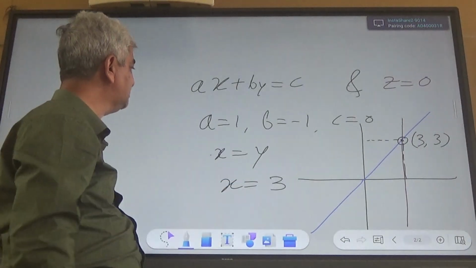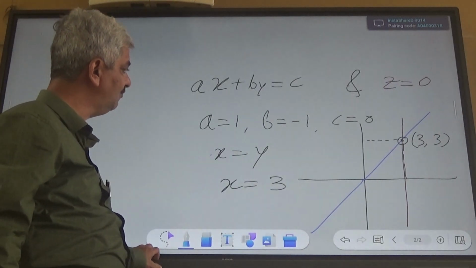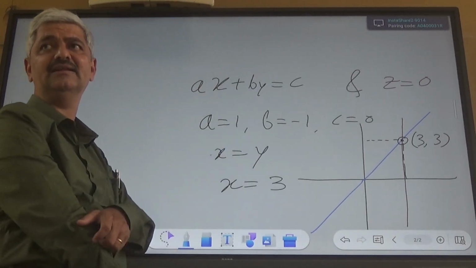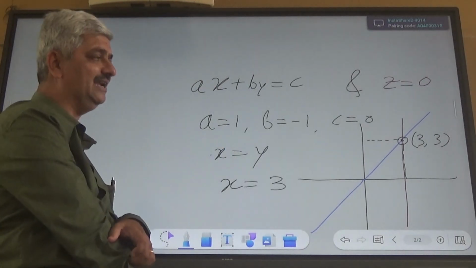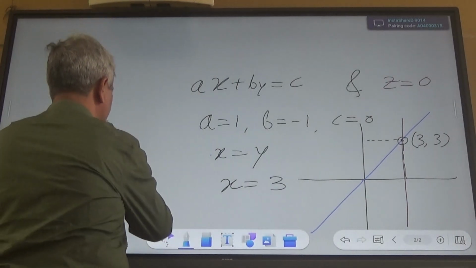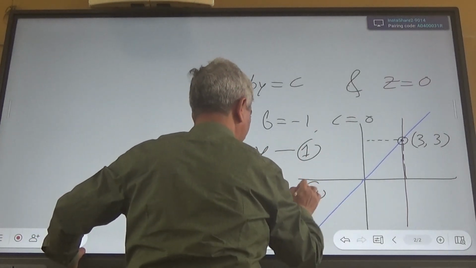Now suppose there is one more. Let the first equation be as it is, and I will have a second equation. This is first, this is second in the earlier case.